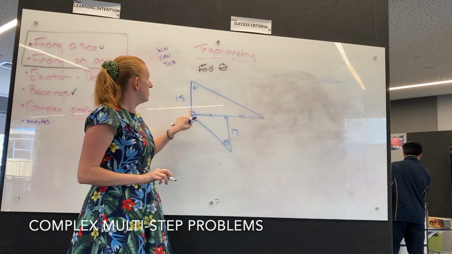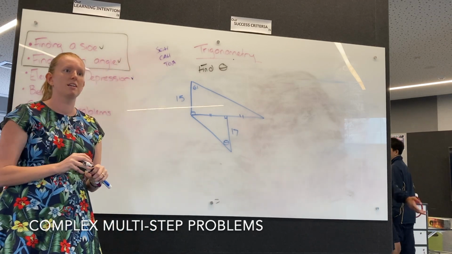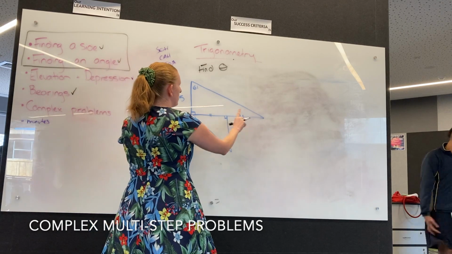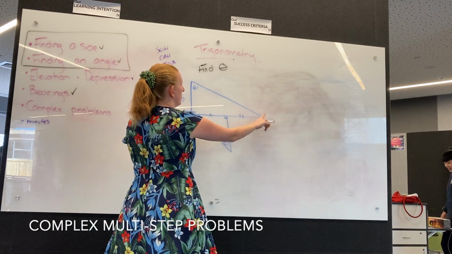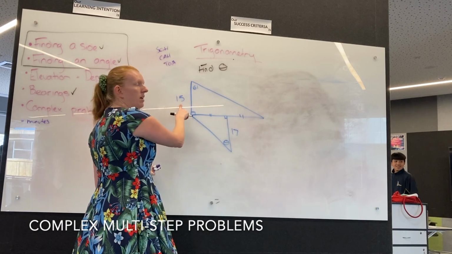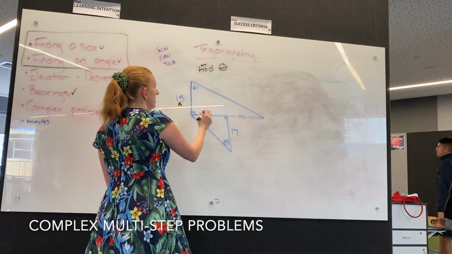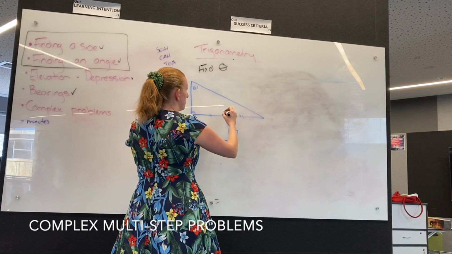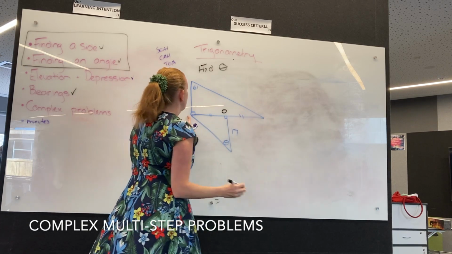So any ideas what I might do? Peter? You're trying to find the base. Cool. So first up, I'm going to try and find the base of this triangle, and then I'll go from there. So what is this side over here in relation to this? That's adjacent. And what is this over here? Opposite. Yeah, cool. So this is my opposite side.